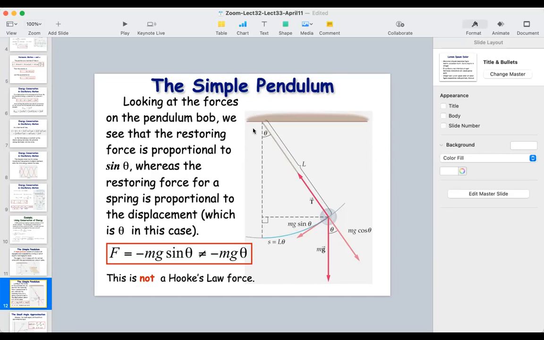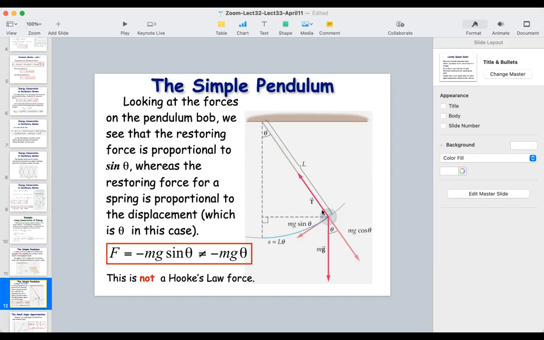So looking at the forces on the pendulum, we see that there is a restoring force every time you move the pendulum away from the equilibrium position. The equilibrium position will be straight down. This is like the restoring force we had before with the spring, every time you were pulling the spring.